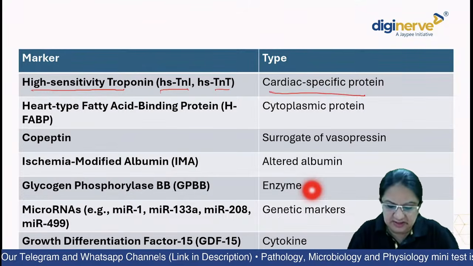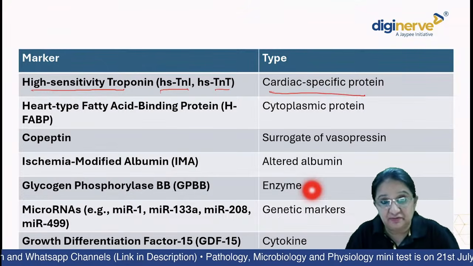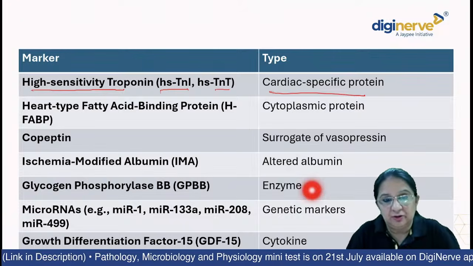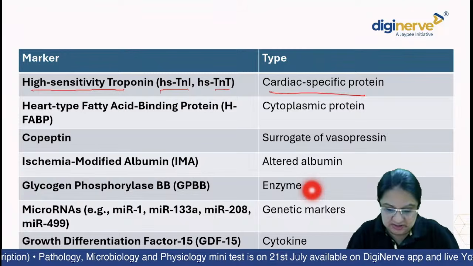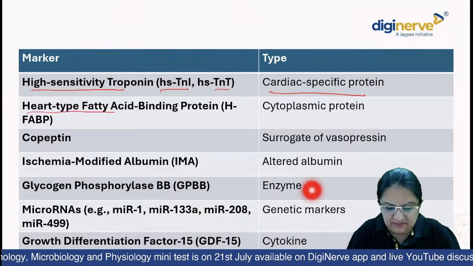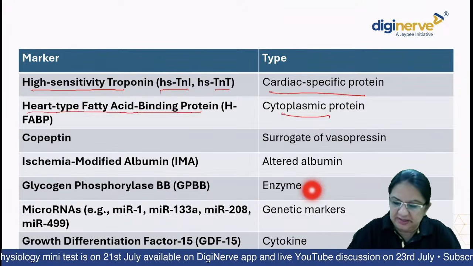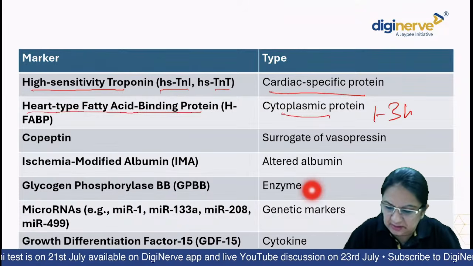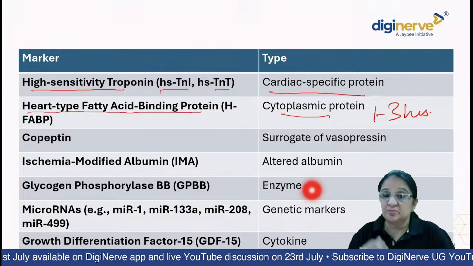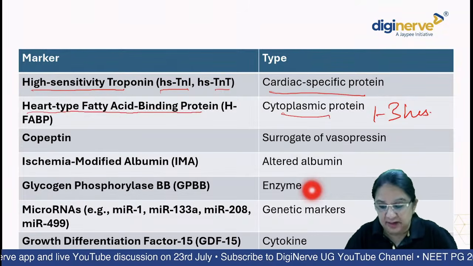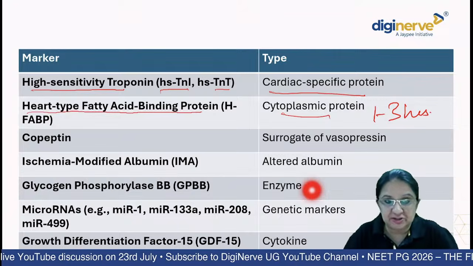It can be detected earlier than your normal troponin markers, right? Then we have heart type fatty acid binding protein. It's a cytoplasmic protein and it rises 1 to 3 hours after the damage. It is more specific than myoglobin for early detection of MI.